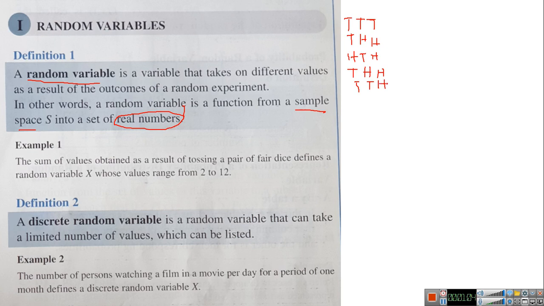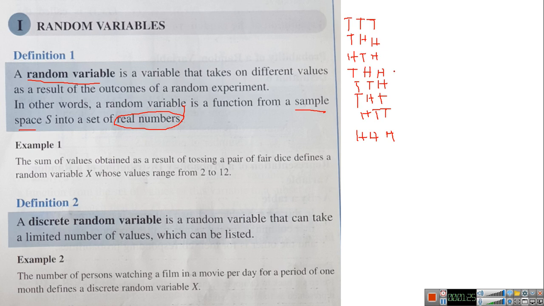It can be this way. So we have 8 outcomes, or head, tail, tail, or 3 heads. Okay, so now this is a sample space where you have letters.